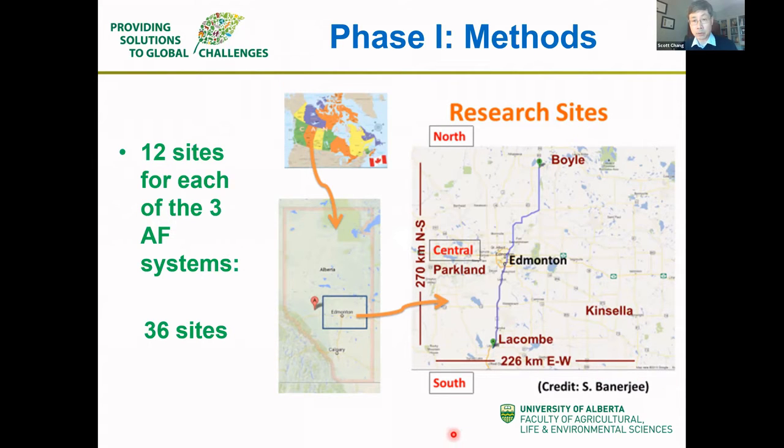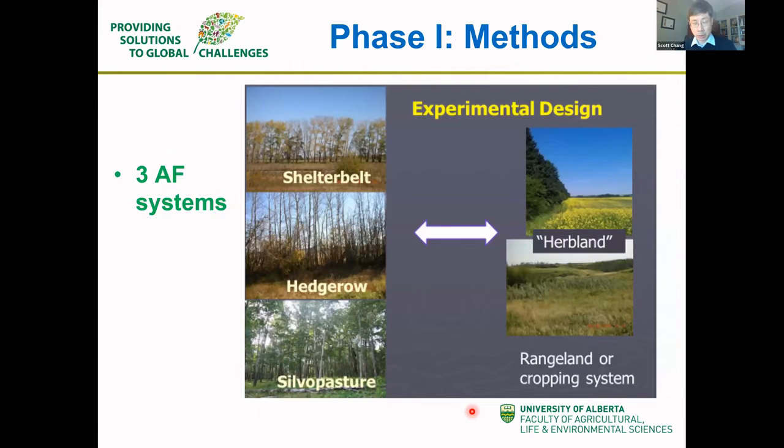The 36 sites were distributed across that wide landscape in central Alberta. This is a map of Canada and Alberta, and this is the area that we studied.